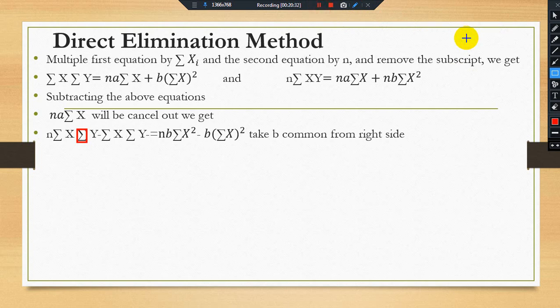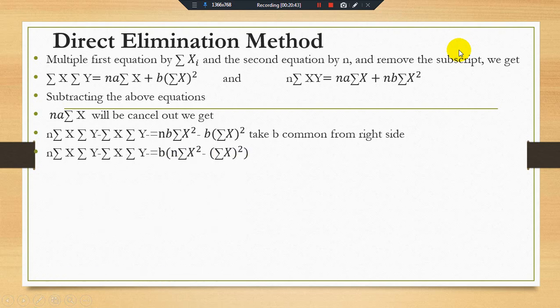After that, n summation x, I have told you that this is wrongly given, so you have to remove it. It is n summation xy minus summation x, because it will be correct in the coming equation.